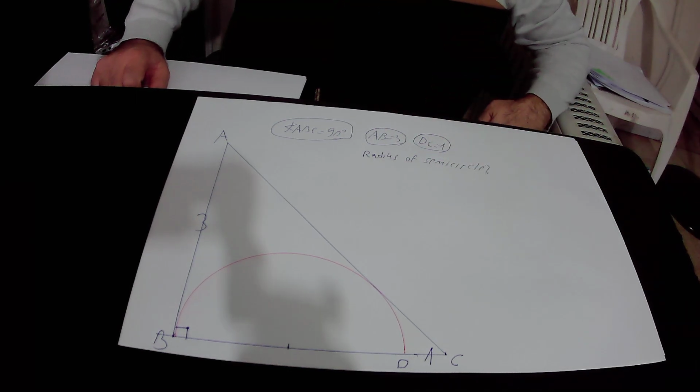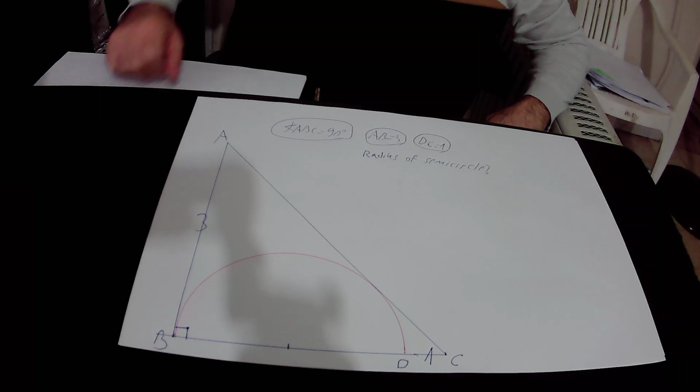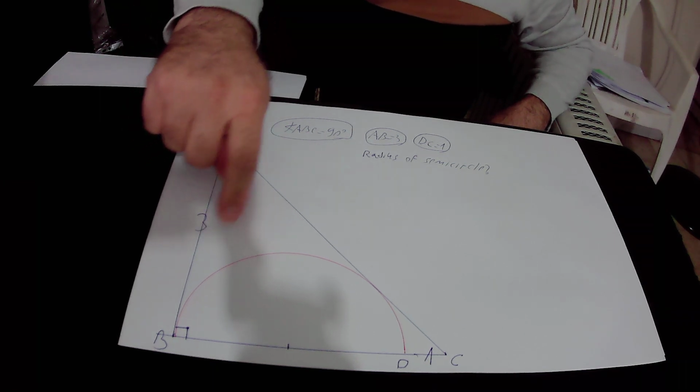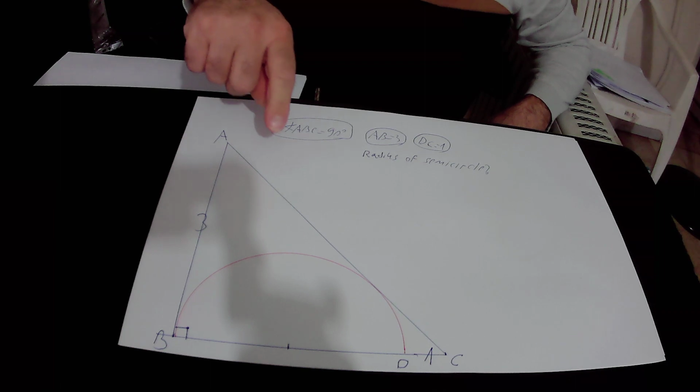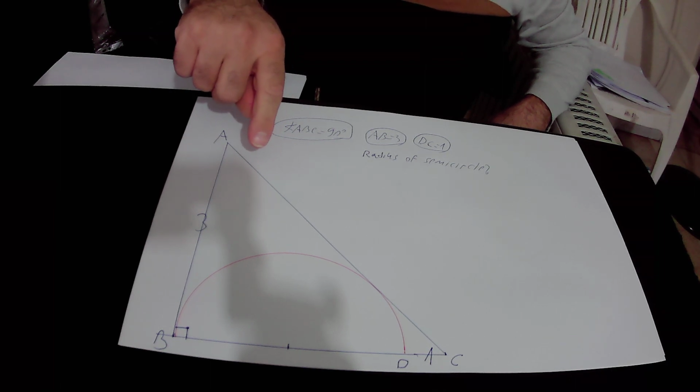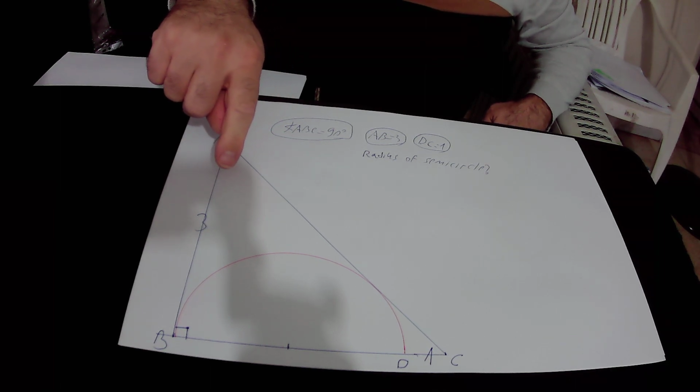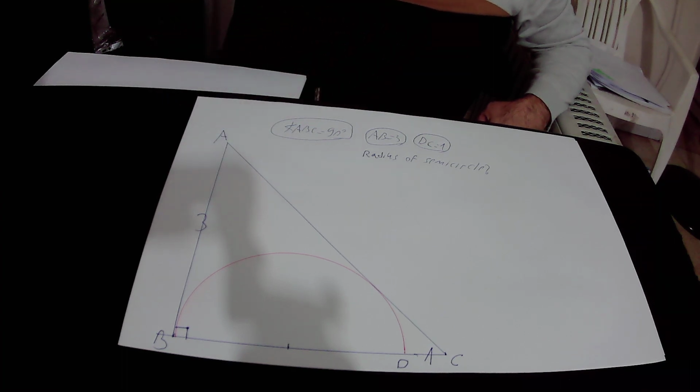and we want to find out the radius of this semicircle. It is inscribed by the triangle ABC.